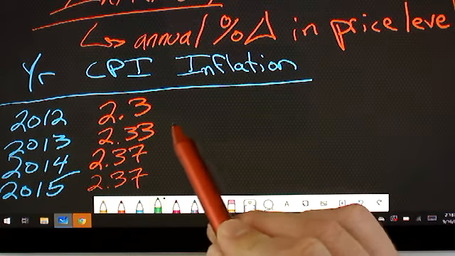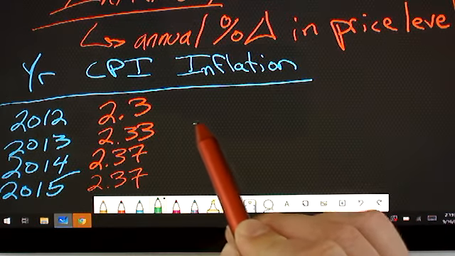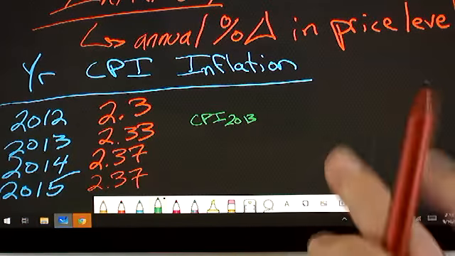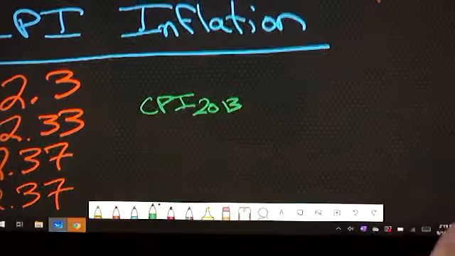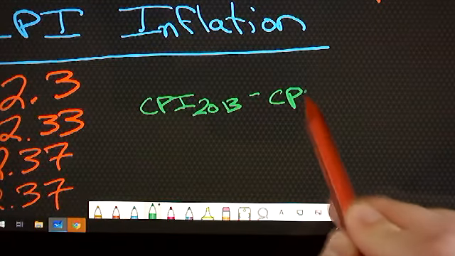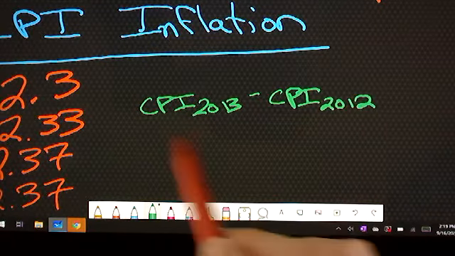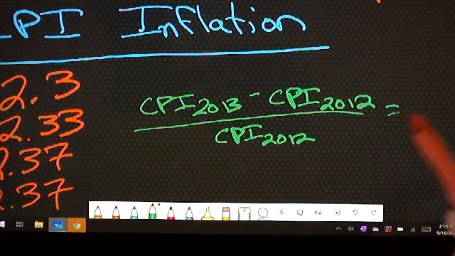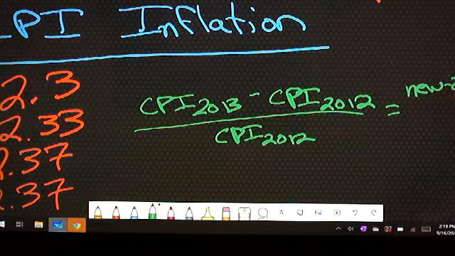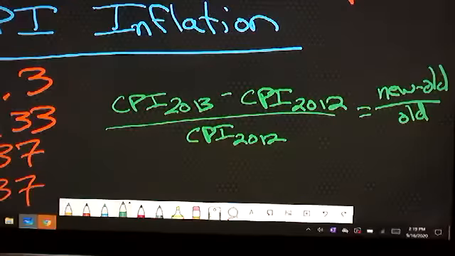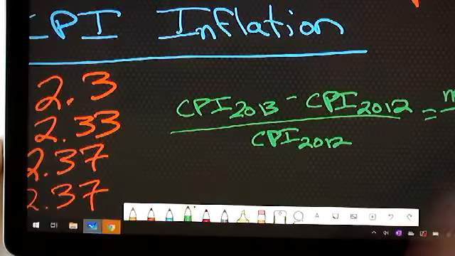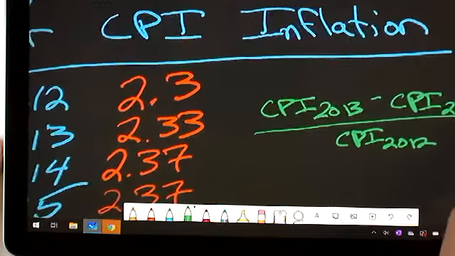So the inflation for 2013 is going to be the CPI for 2013 minus the CPI in 2012, divided by the CPI in 2012. This is our normal new minus old over old formula from algebra. Now we just have specific values, the CPI for 2012 and 2013, which is 2.3 and 2.33.